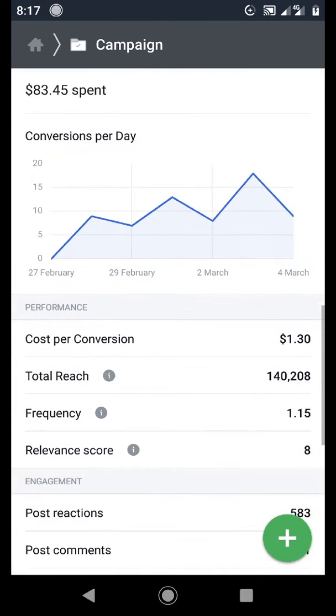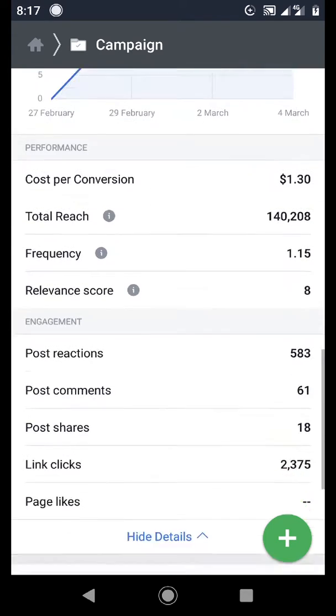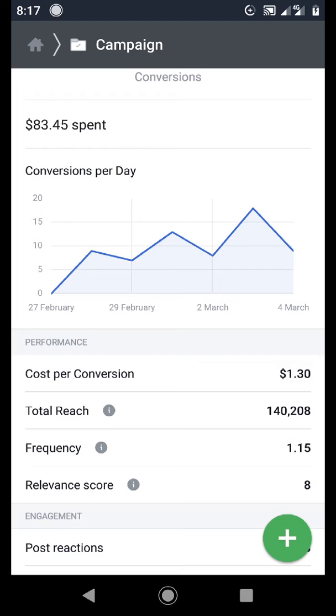I've tried this several times, and I found that 98% of the time, when your click-through rate is between 1 to 2%, your campaign tends to perform better than when it is lesser than 1%. Now that doesn't mean that the moment your campaign is 1 to 2%, it automatically means that campaign will perform.